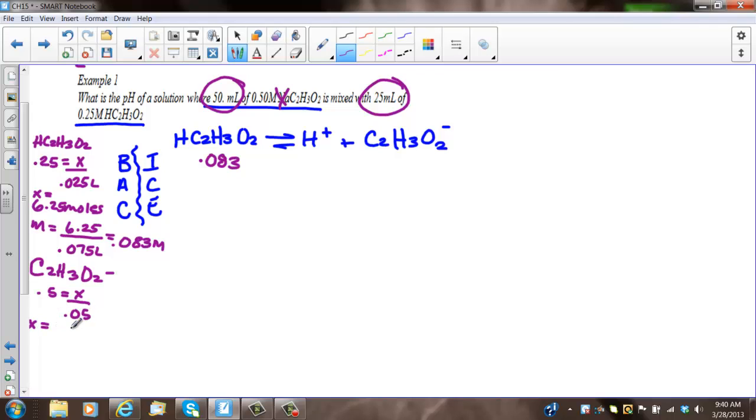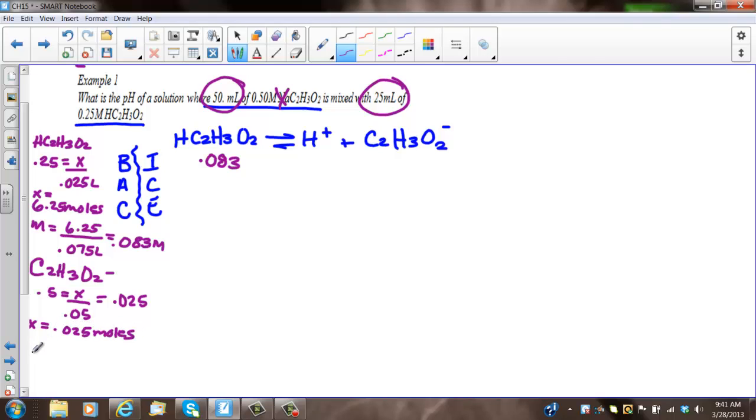So X is going to equal, hold on, 0.5 times 0.05 is going to be 0.025 moles.